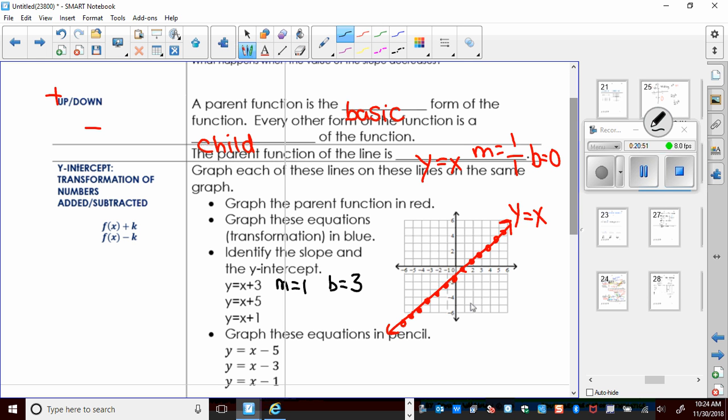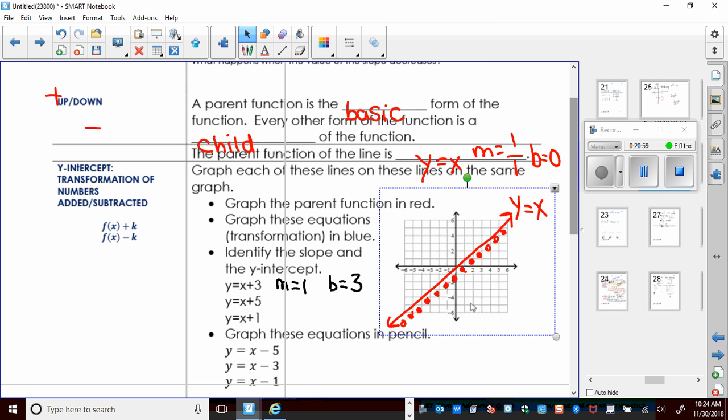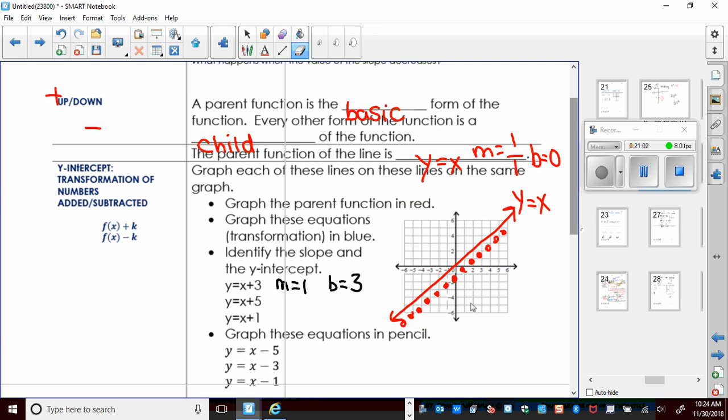Now you have two options. You can just graph the equation, or you can pick two good points. Basically what the shifting implies is every point shifts up.